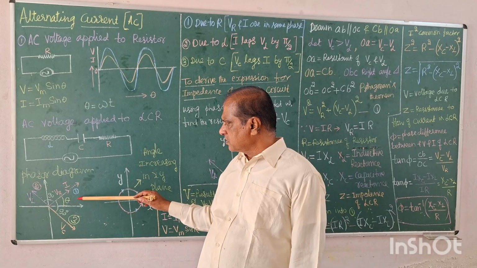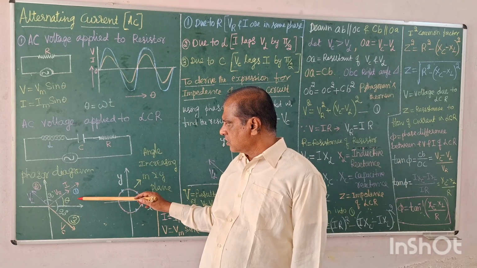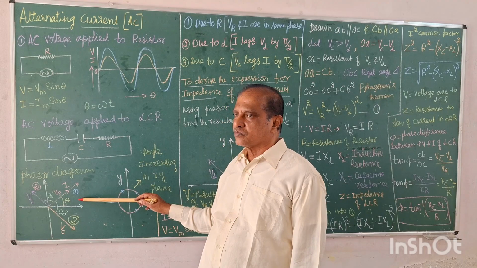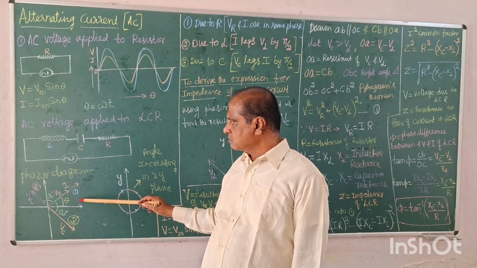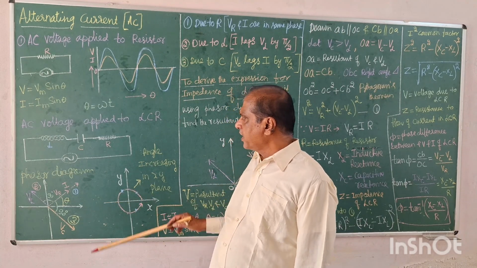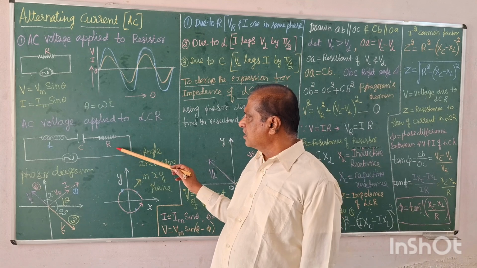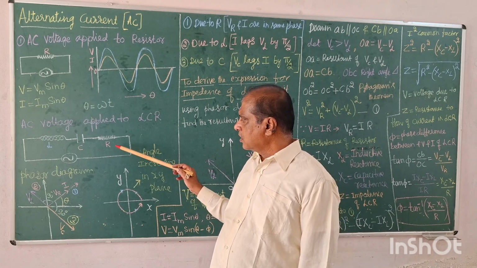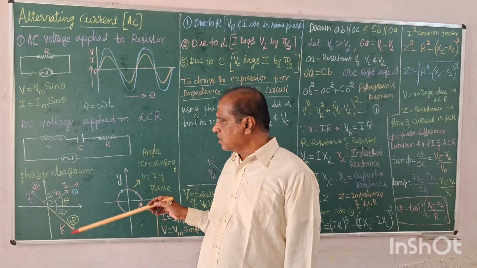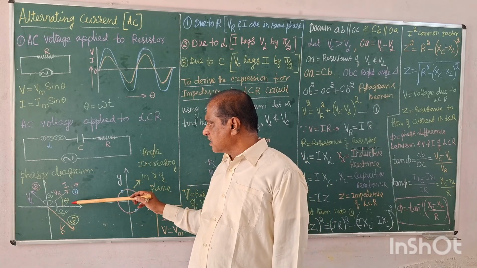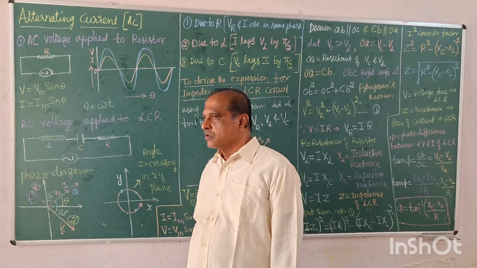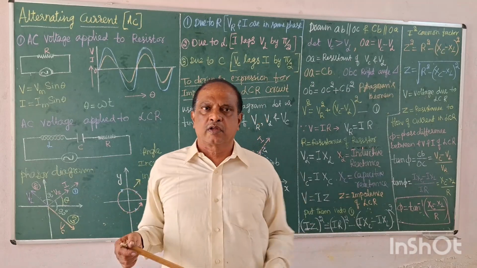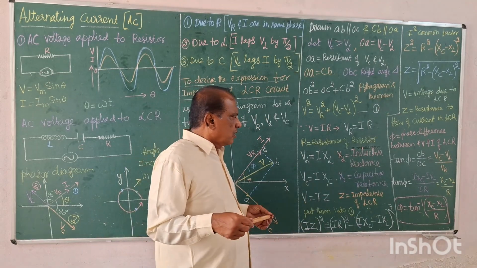Once you put this phasor diagram, it is useful and leads to a solution for finding any difference in phase angle between current and voltage. And by doing so, we will understand and are able to derive an important expression.